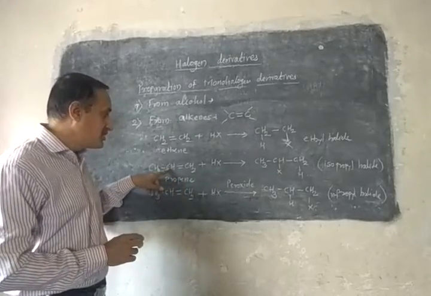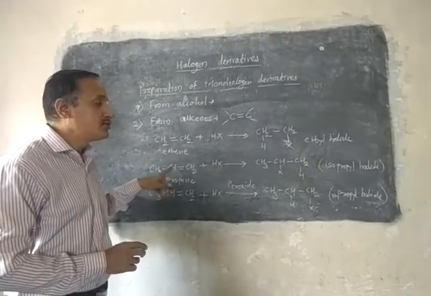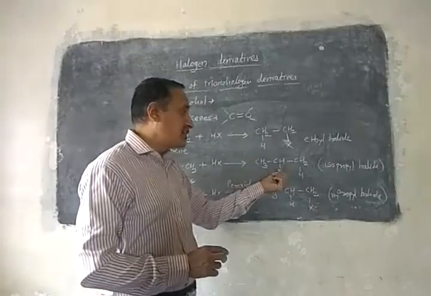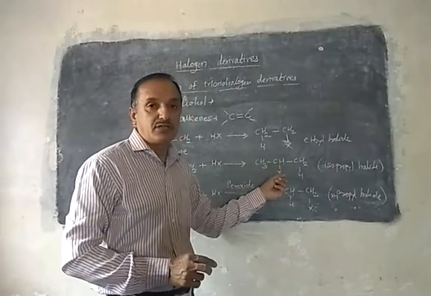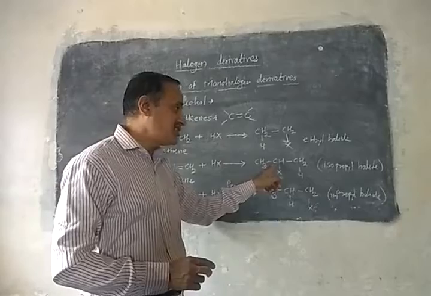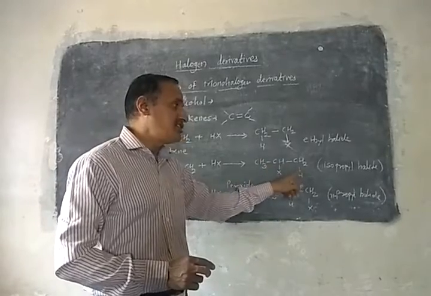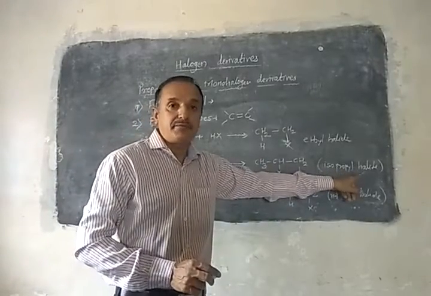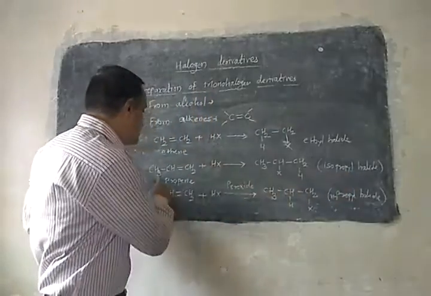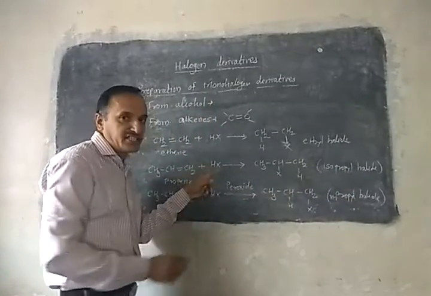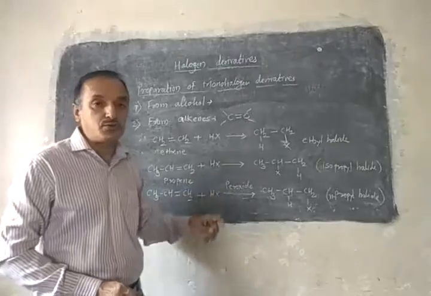So here this carbon bears only one hydrogen. So we can see here that X goes to this CH. We get CH3, CHX, CH3. It is the isopropyl halide. So here HBr addition takes place according to Markovnikov.